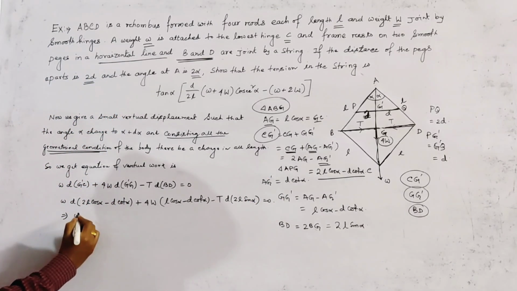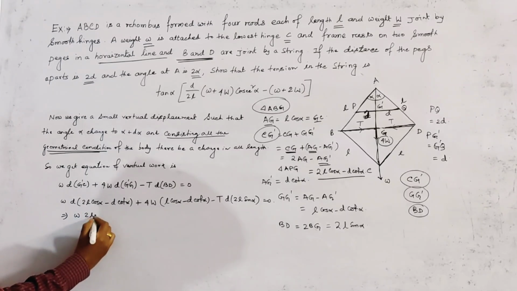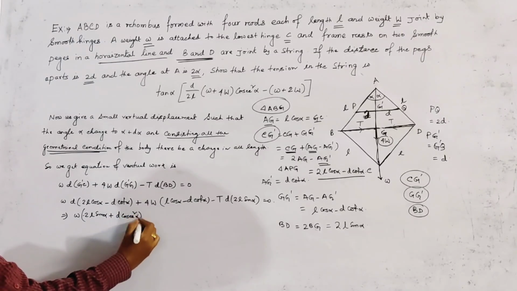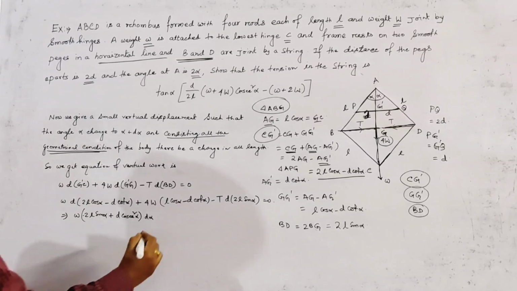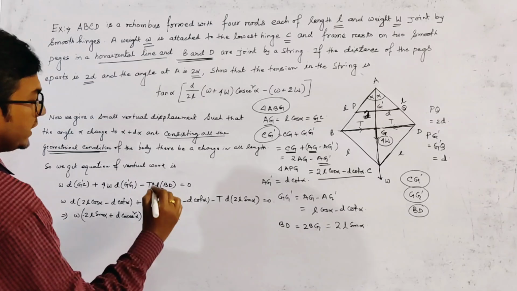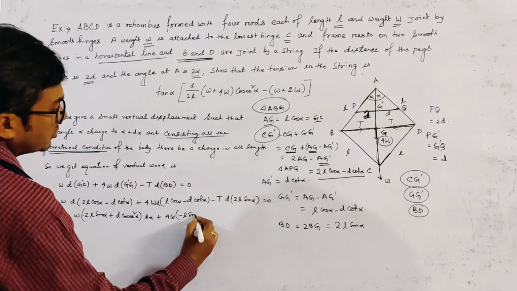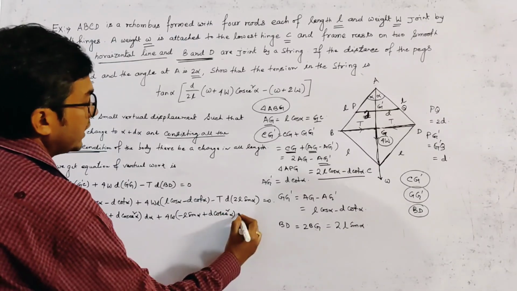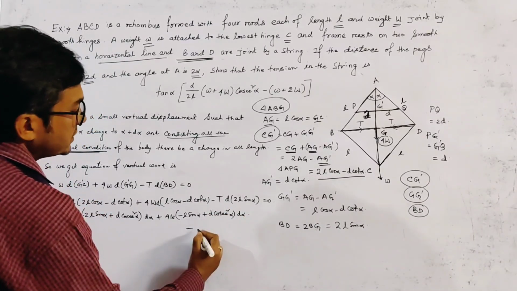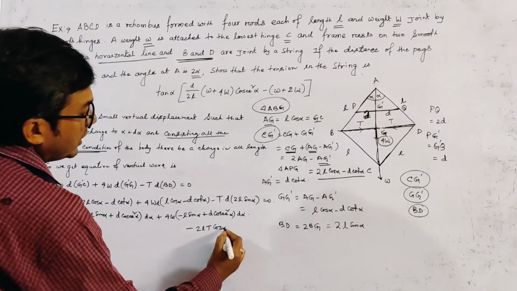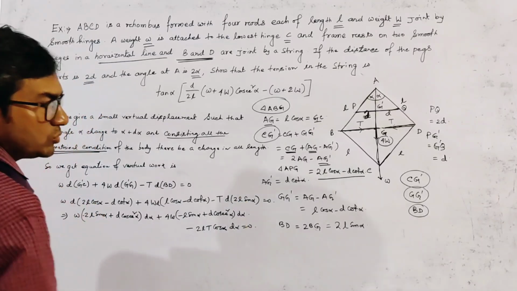And differentiating, we get W into 2L into minus sin alpha plus D cosec square alpha d alpha, plus 4W into minus L sin alpha plus D cosec square alpha d alpha, and minus 2LT cos alpha d alpha, this is equal to 0.